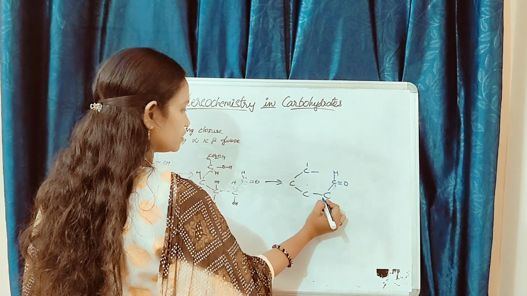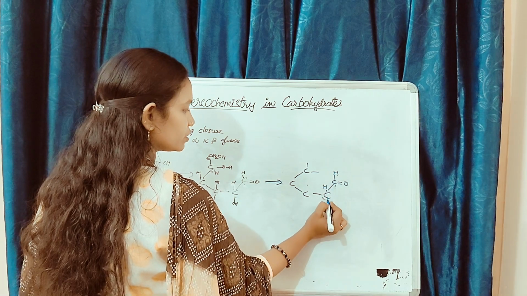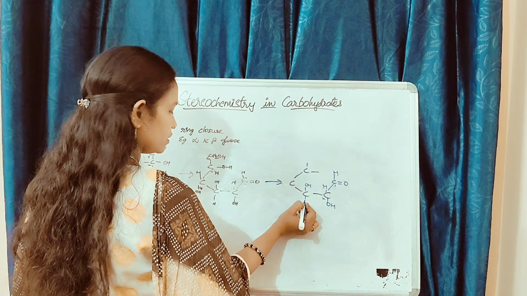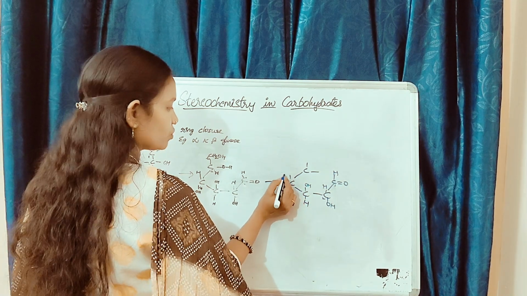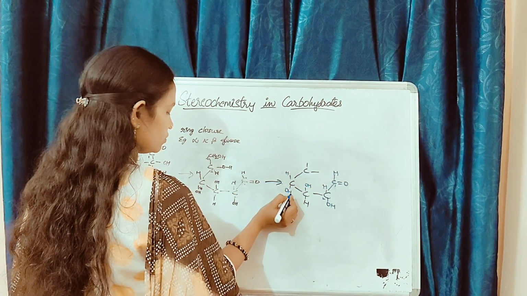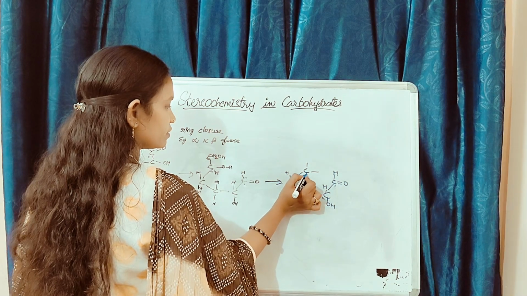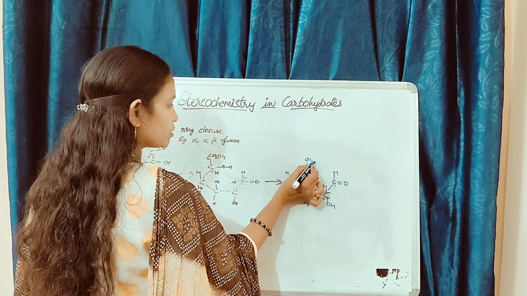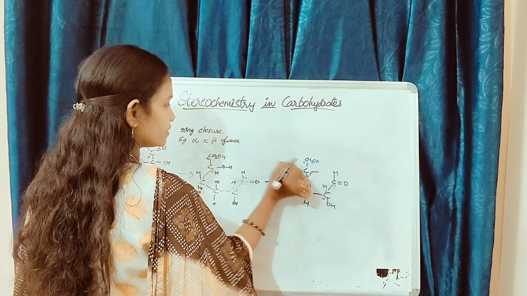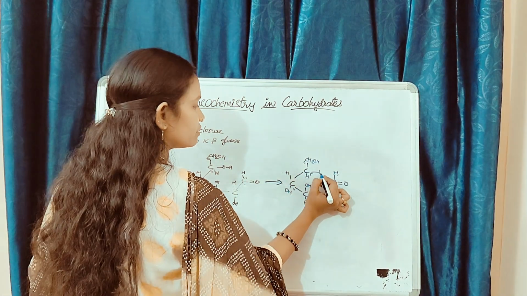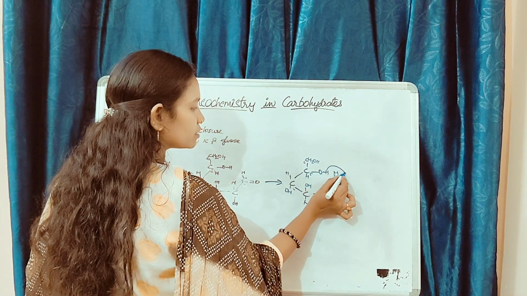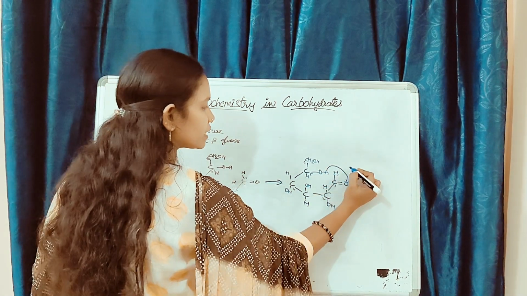So first carbon, second H, OH, third OH, H, fourth H, OH. This is the fifth carbon atom, and to the fifth carbon atom only CH2OH is attached. This is the sixth carbon. So here we are having hydroxyl groups, right? Now here the proton transfer will take place.